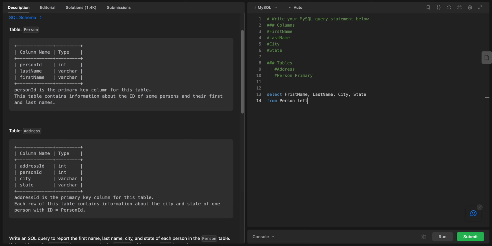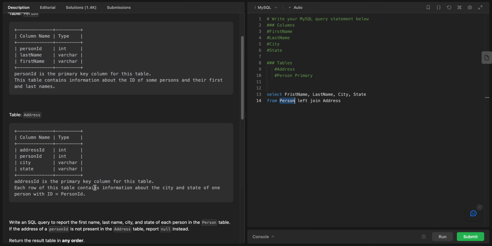So left join address. The left join keyword indicates that all records from the person table should be included in the result, regardless of whether they have matching records in the address table or not. If we didn't find an address, we return a row that has this person, and the address will be null.